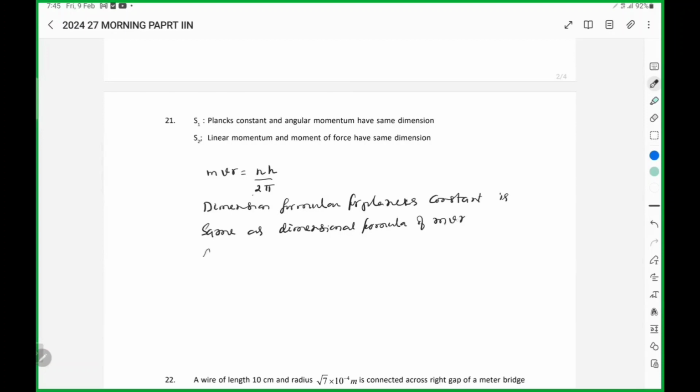Angular momentum is r cross p. The magnitude has sin theta, which has no dimensions.